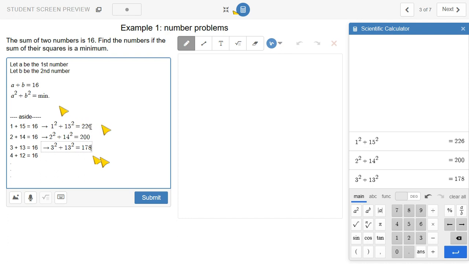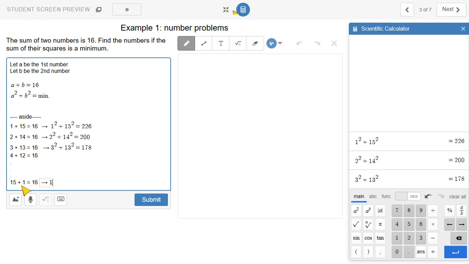Now you see the numbers are going down, meaning there has to be some sort of minimum. Because at one point in time, when you get to the end, you will eventually have 15 plus 1 is equal to 16, and our values would be just like what we had before.